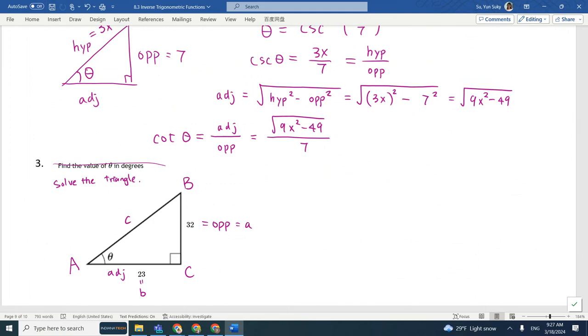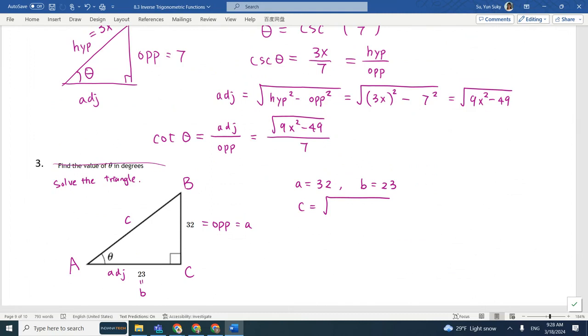So look at the sides. We know A and B. Can we find C? So A is 32. B is 23. What is C? C is the hypotenuse.